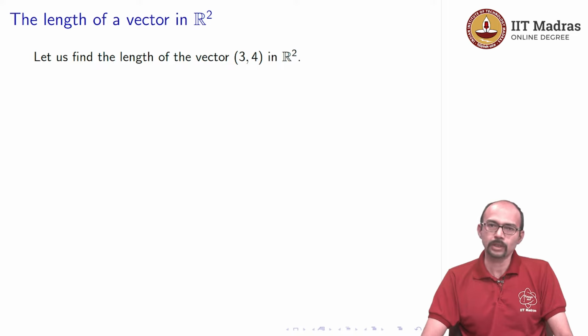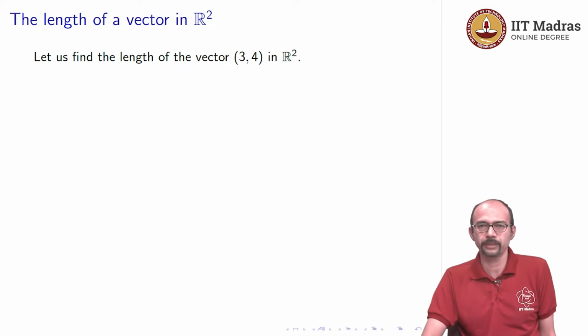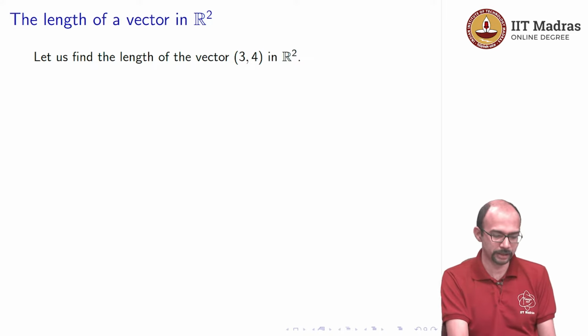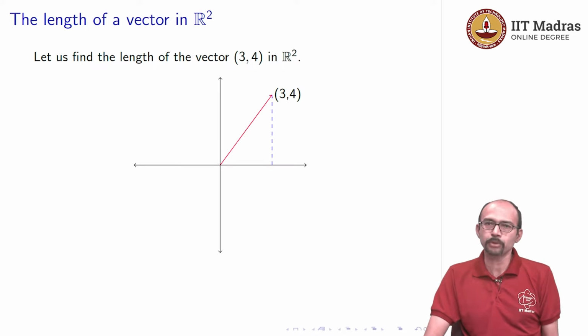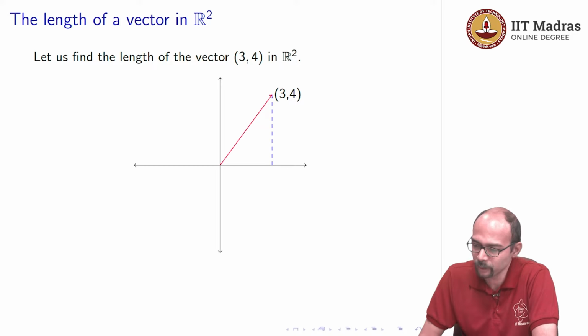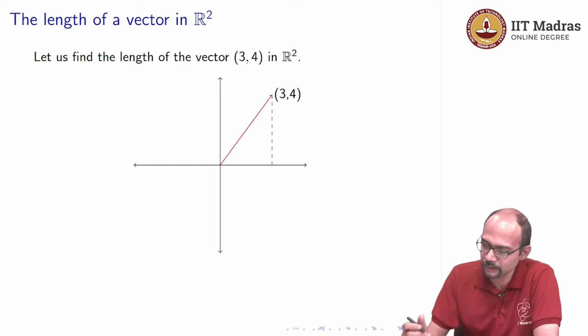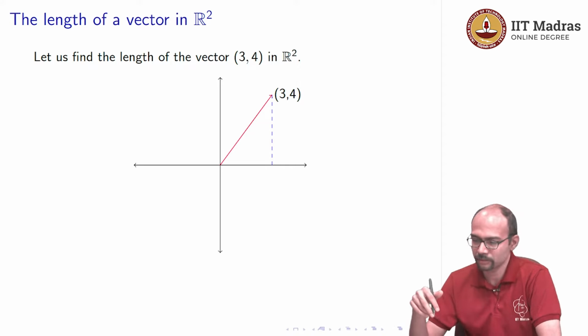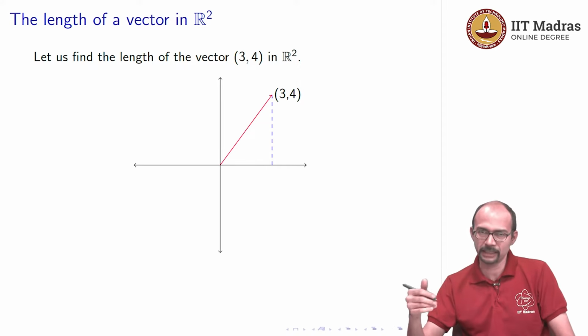Okay, so let's now ask what is the length of a vector in R2. Let's consider 3, 4, which we saw in the previous example while computing dot products. If you want to compute the length of this vector, what do we do? Well, we use the Pythagoras theorem. You drop a perpendicular down to, let's say, the x axis.